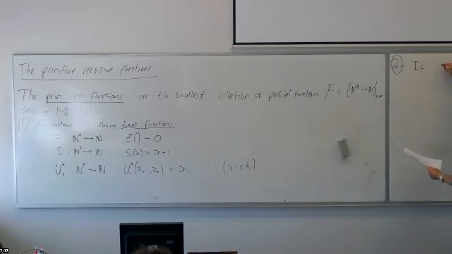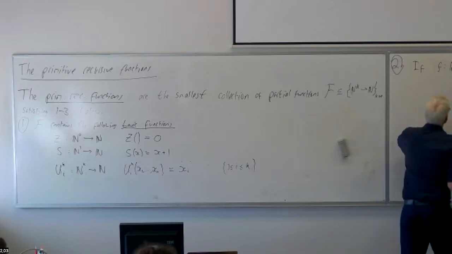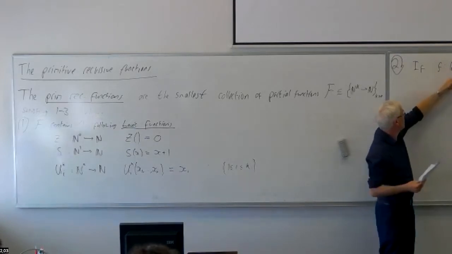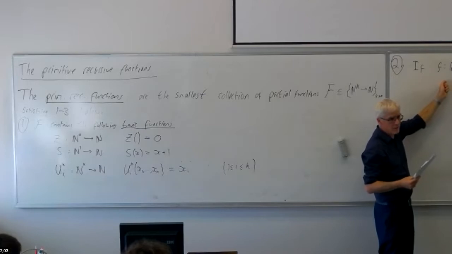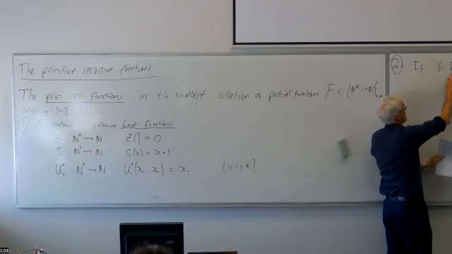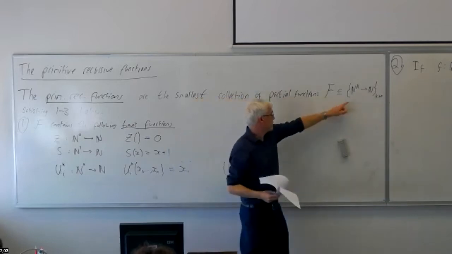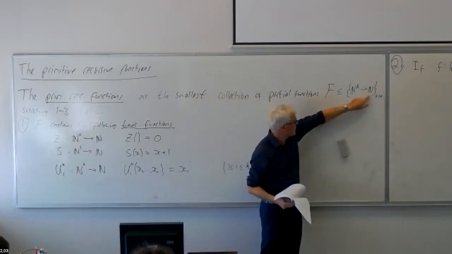So if we have one partial function f of arity k belonging to the collection curly F, and in order to compose f, what I want to do is apply f to some other functions applied to things. Well, f takes k arguments, and all these functions only return as the result a single natural number.